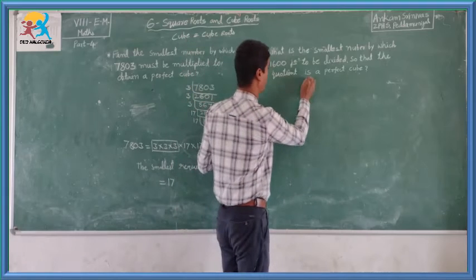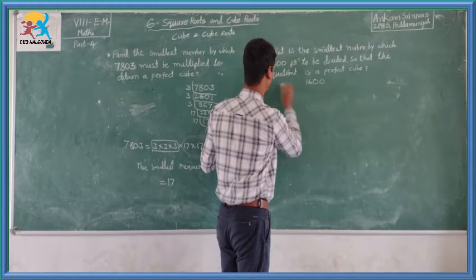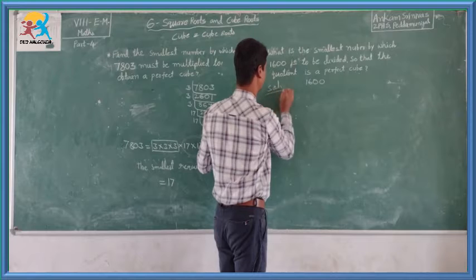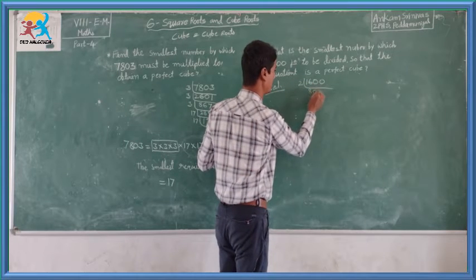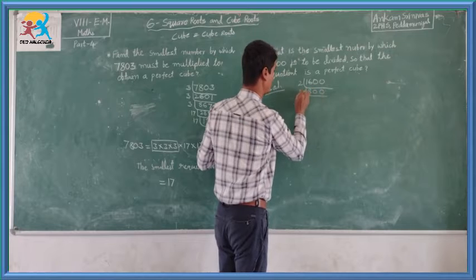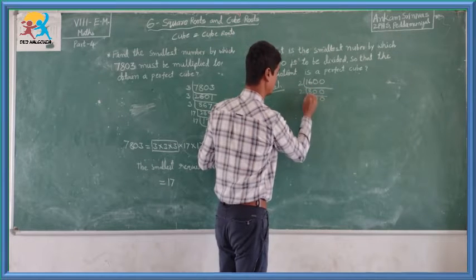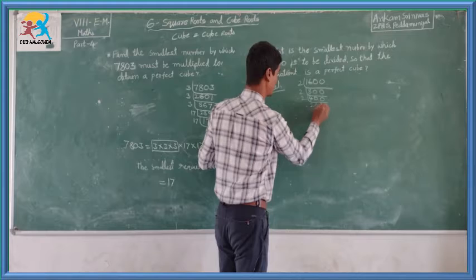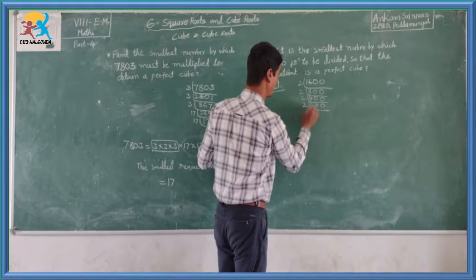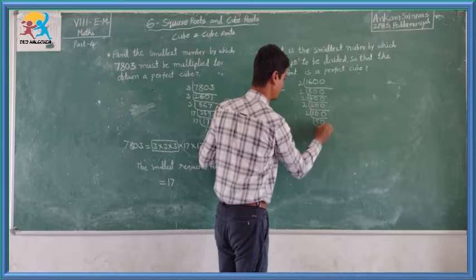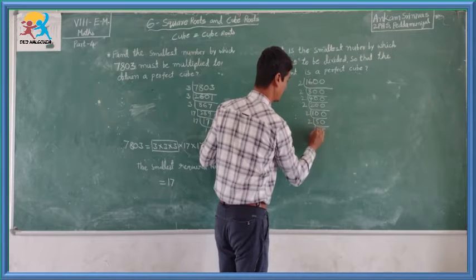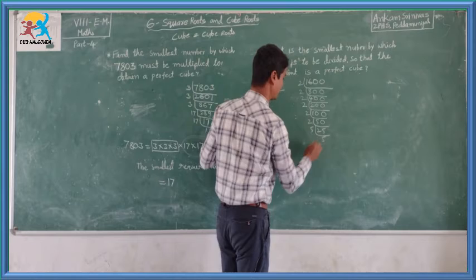I am going to find the prime factorization of the given number. 2 8s are 16, 0, 0, 2 4s are 8, 2 2s are 4, and 2 10s are 20, 2 50s are 100, 2 25s are 50, and 5 5s are 25.